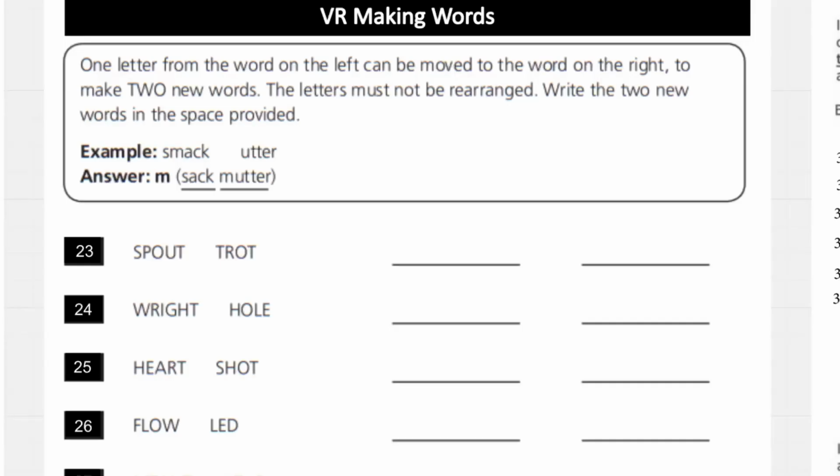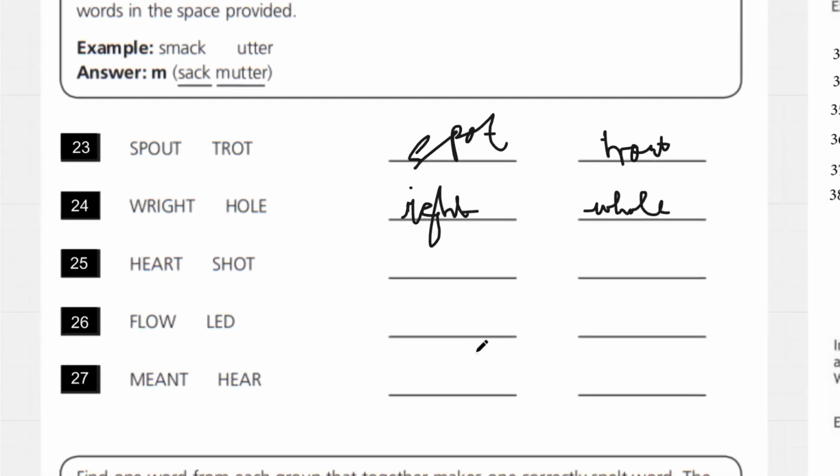For question 23, we can move the U to get spot and trout, which is a type of fish, and then we can move the W to get right, and then whole. We can move the E to get heart.